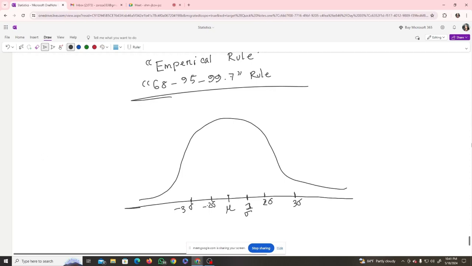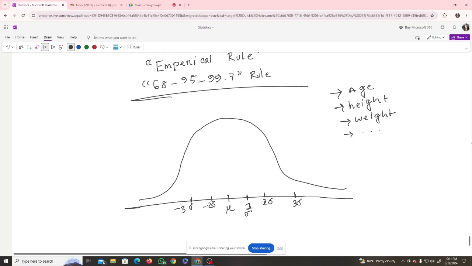This can be a distribution of any normally distributed values. What are the normally distributed values? Age is a normal distribution. Height is a normal distribution. Weight is a normal distribution. Then there are a lot of things that are used daily, and these are normal distributions because we can have a wide range of values, but most of the values are concentrated around the center.